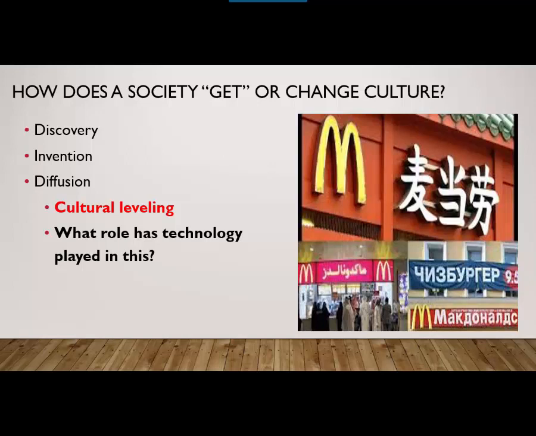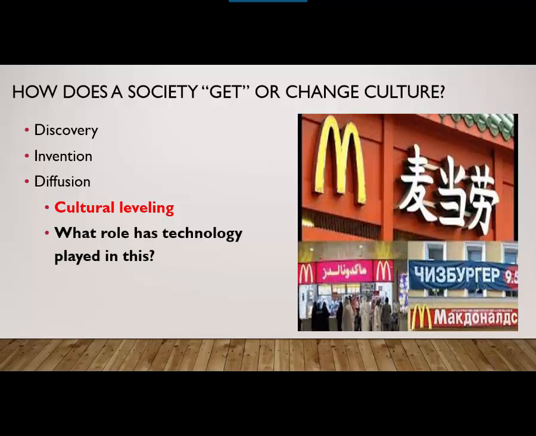Instead, invention is much more common. And this is where humans create elements of culture using existing elements that already are available within society. Invention is much more common than discovery.